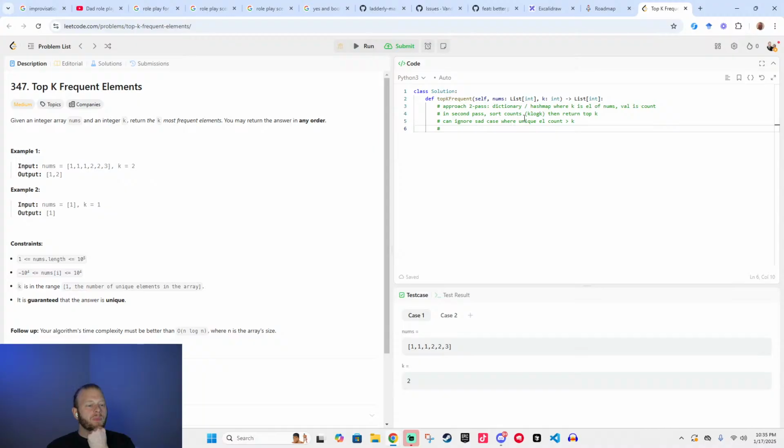So because the unique count is guaranteed to be less than k, in other words, they're equal or there's a duplicate value, then non-asymptotically, I'll never hit n log n because there will be at least one duplicate.